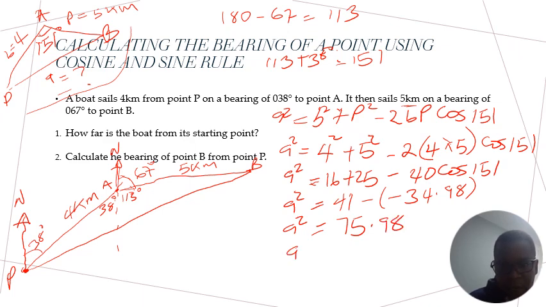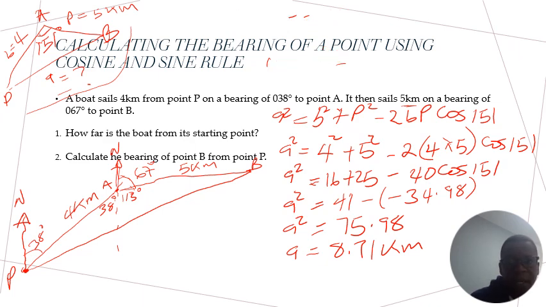Taking the square root on both sides, a is 8.71 kilometers, which means the boat is 8.71 kilometers from point P. That's the first part of the question. Let's take this out.